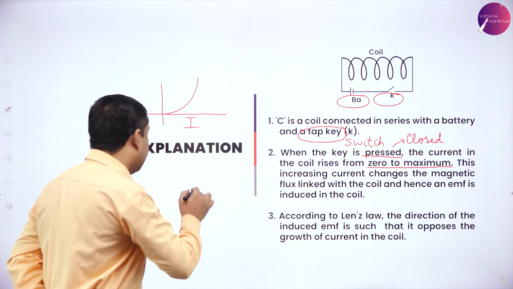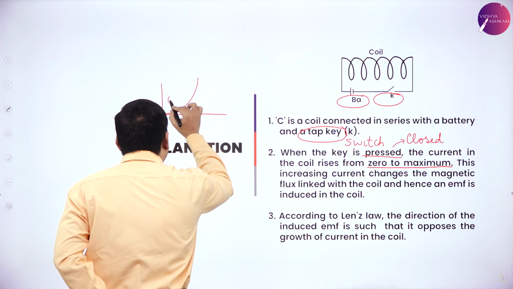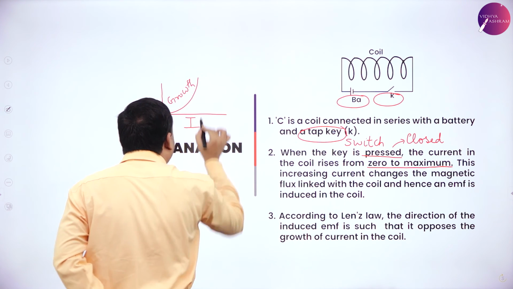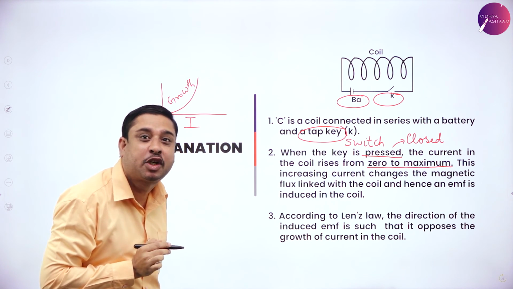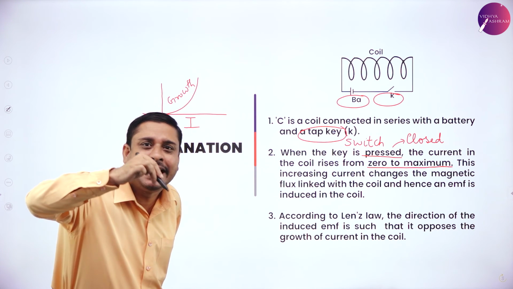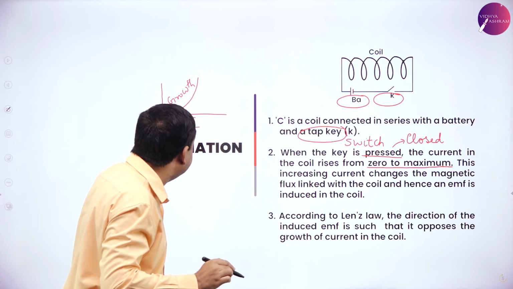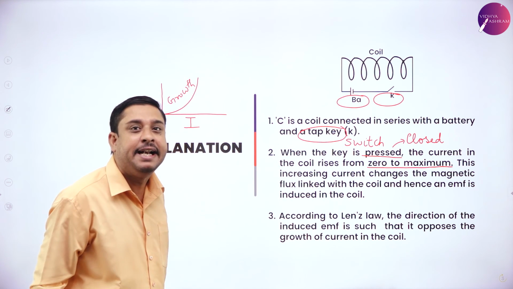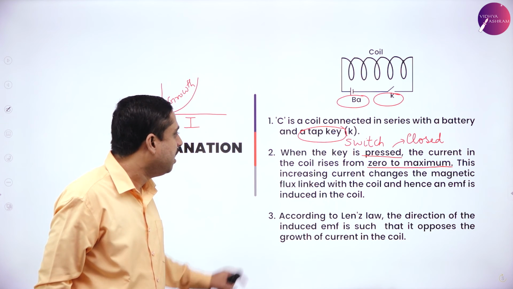That means there is some growth of current in this circuit. Current goes on increasing in this circuit. This is what we call growth of current.